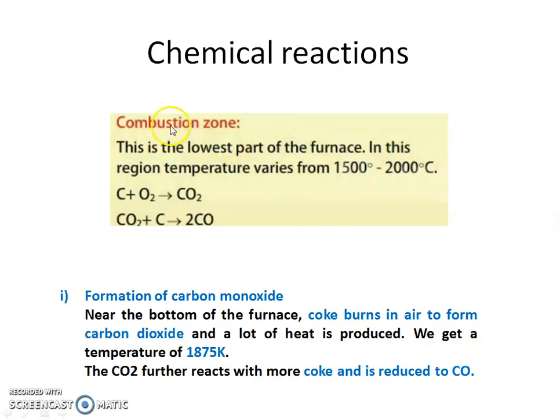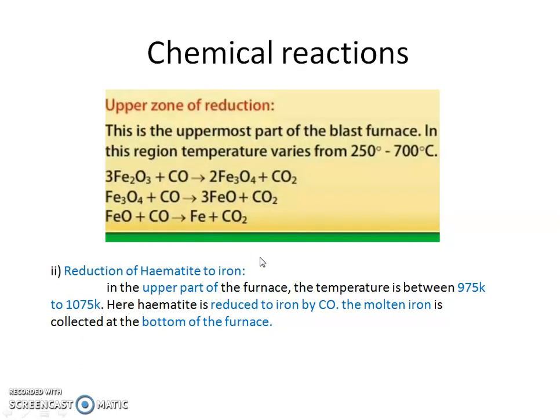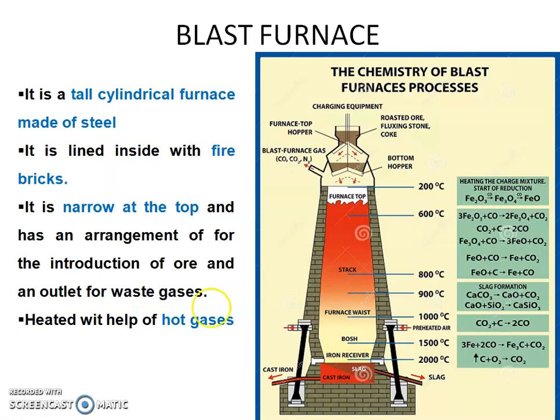First, the downward zone, that is at around 2000 degrees Celsius. As we have added carbon containing compound coke from the upward zone of the furnace, here a blast of hot air is passed through this tire, and another tire is also there.